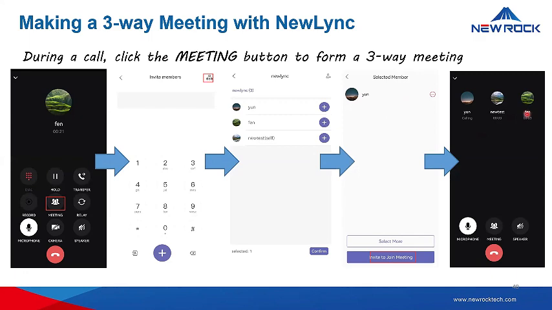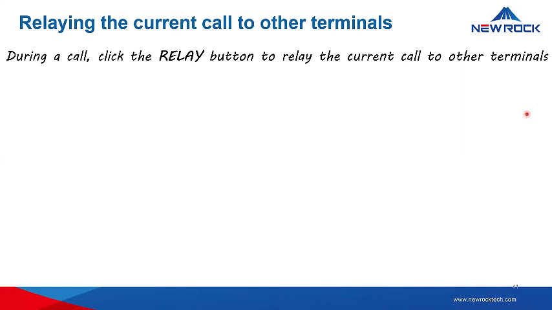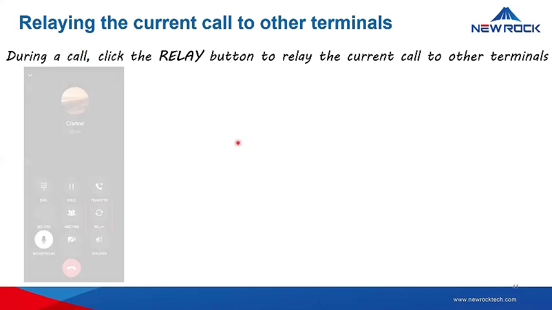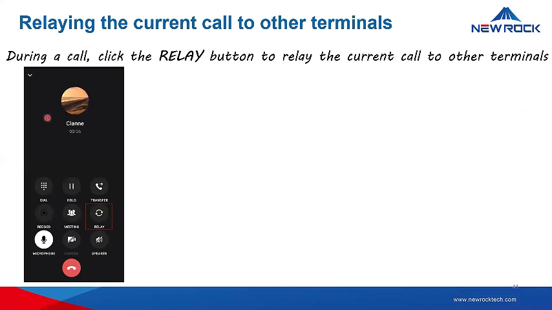Okay, so I think we're almost done. Let me show you the last one, which is how to relay the current call to other terminals. Our app does support multiple terminals. Say, for example, I'm on a current call with Zian and I have to relay the call to other terminals.